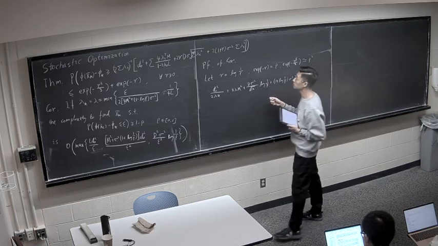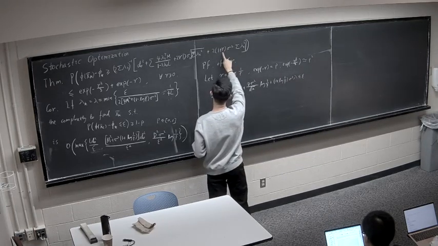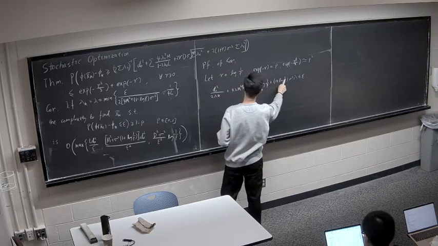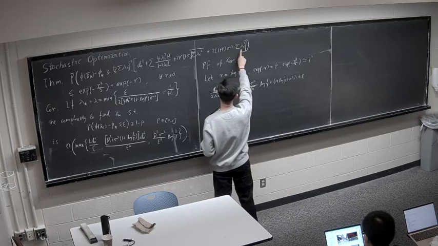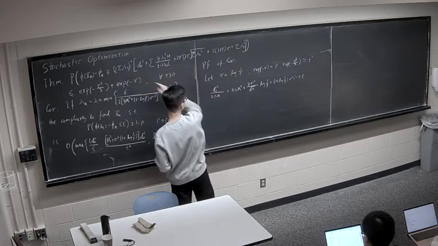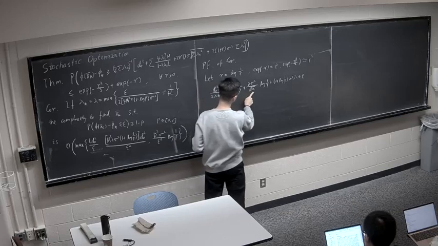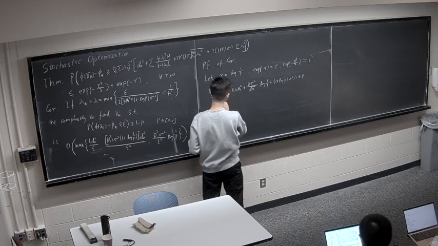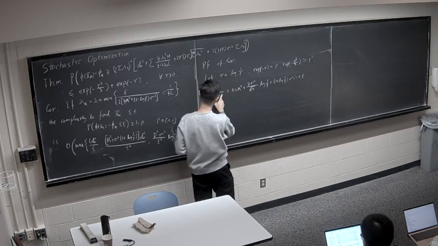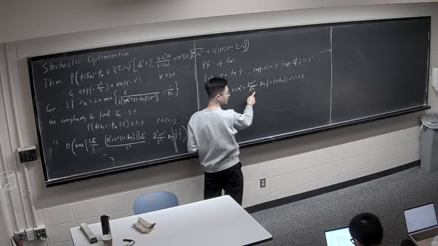We ignore the constant. Here we have a factor of k. It cancels with this k. So this one goes to 0 at the rate of 1 over k. This is at the rate of 1 over square root of k. So the way to make these two terms small is by taking k large. And that gives us the complexity bound.